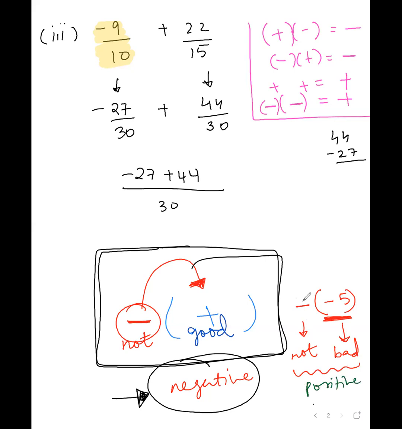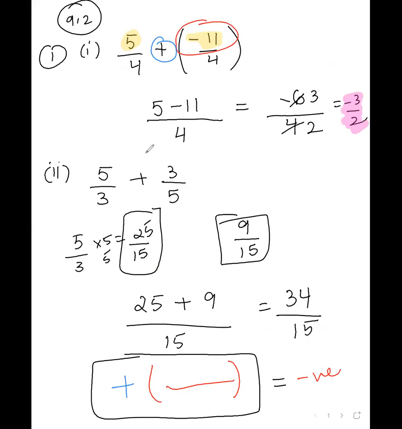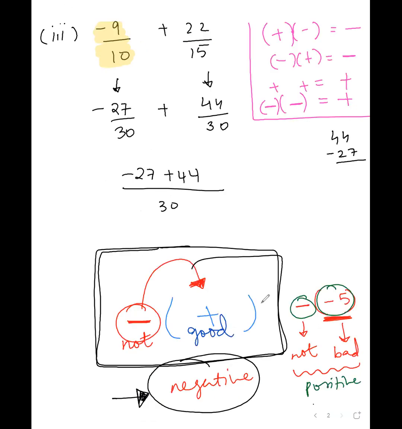So negative multiplied by negative gives you a positive. This is why this thing happened over here, because of that plus sign being in front of a negative sign. So instead of saying 5 plus minus 11, we are saying 5 minus 11. So it's the same thing. Now what's the doubt over here, Hiba?